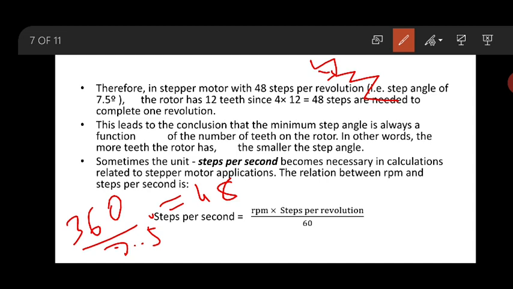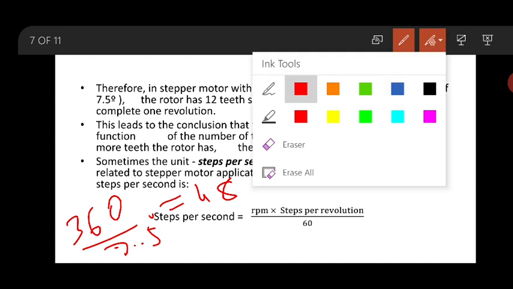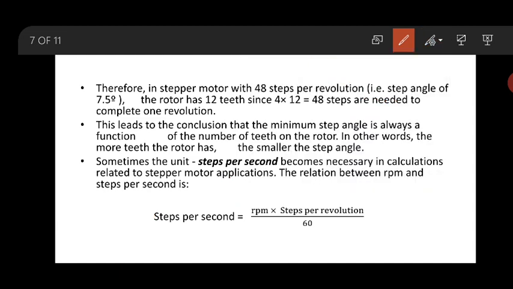This leads to a conclusion that the minimum step angle is always a function of the number of teeth on the rotor. In other words, the more teeth the rotor has, the smaller the step angle.